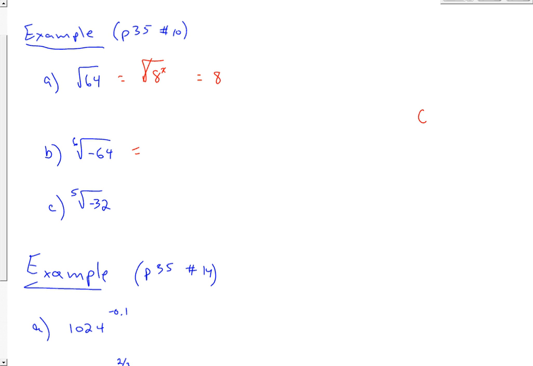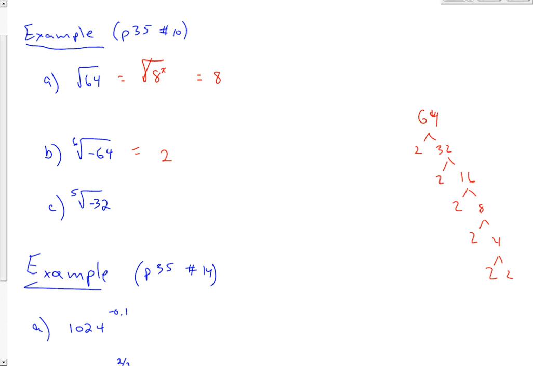If I take 64, I have 2 times 32, and 32 is 2 times 16. 16 is 2 times 8. 8 is 2 times 4. 4 is 2 times 2. So that's 1, 2, 3, 4, 5, 6. Because my radical value is 6, that is going to work out perfectly.